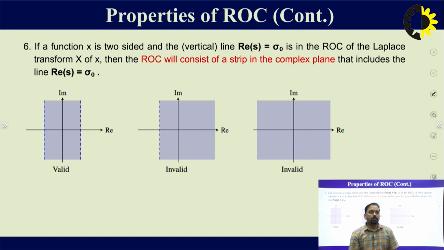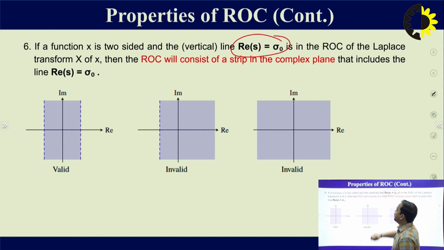Next, if a function x is two-sided, we have talked about left sided, we have talked about right sided signal, now we are talking about both sided. If the signal x is a both sided signal and real part of s equal to sigma naught is in the ROC, then the ROC will consist of strips.